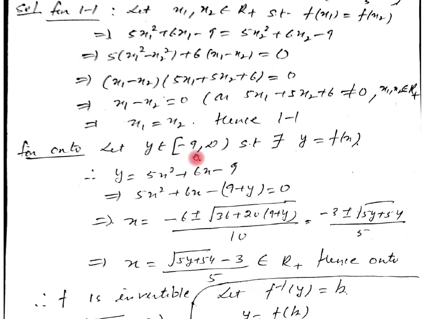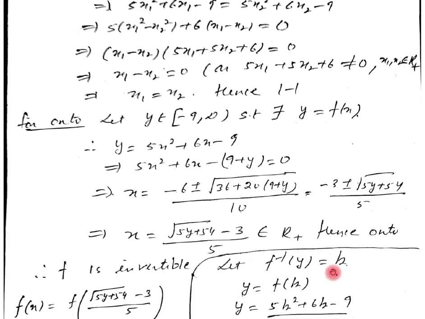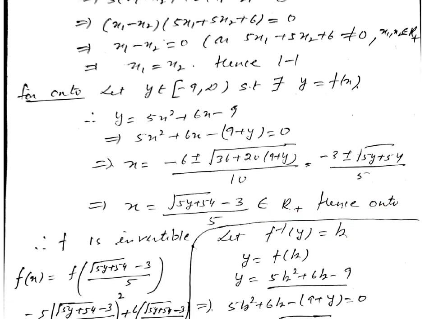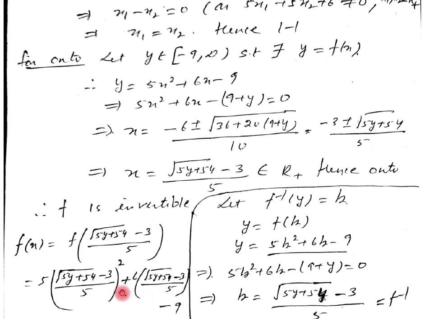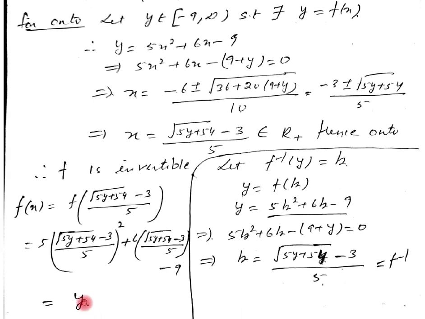So we can say we have taken an arbitrary element, and that arbitrary element has at least one pre-image in R positive. So we can say the function is onto. Moreover we can prove that the image of this element is equal to y itself. Therefore the function is one-one and also onto.